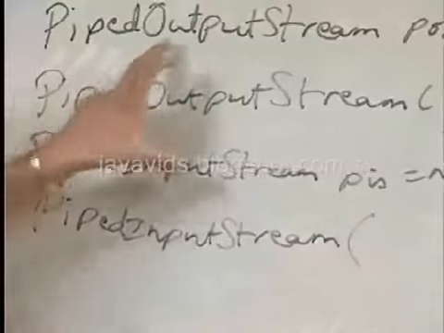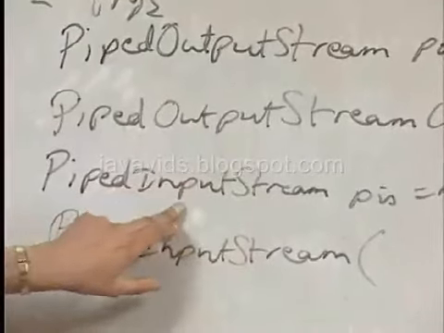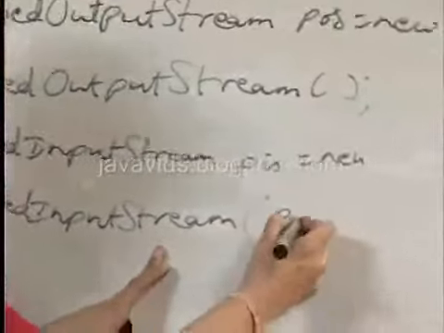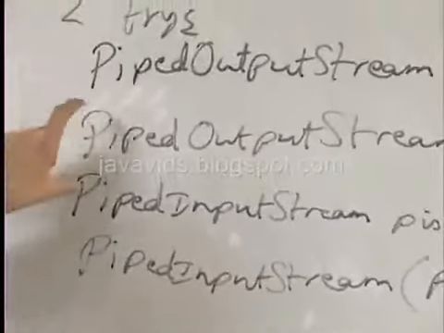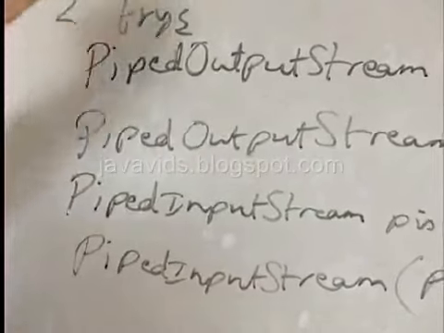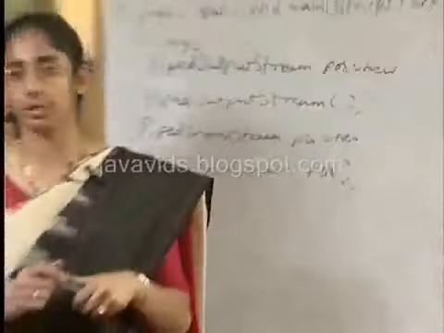Now to bind the pipe output stream and the piped input stream, when you are creating this pipe input stream, pass the pipe output stream object as a parameter. By the way, you can do vice versa also. You can create the pipe input stream first, then create the pipe output stream, and while creating it, pass the pipe input stream object. It does not matter which way you do it.